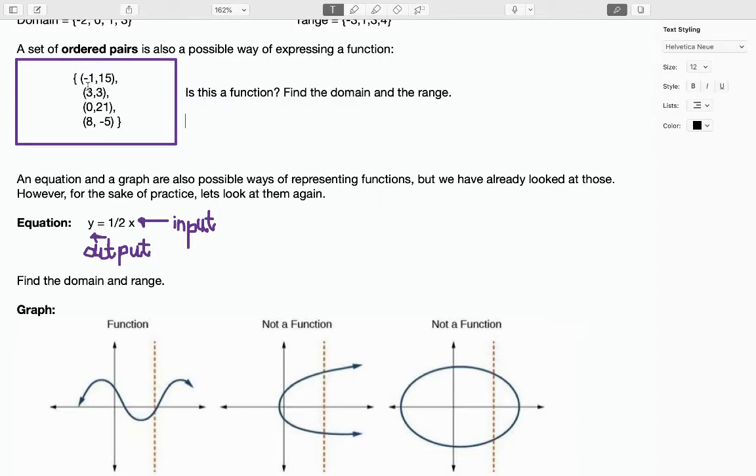Input, output, input, output, input, output, input, output. Just one output for each input. Great. And for the domain, just go in increasing value, and you take all the ones that are on the x. Domain, all the inputs, x-axis. Range, outputs, y-axis.